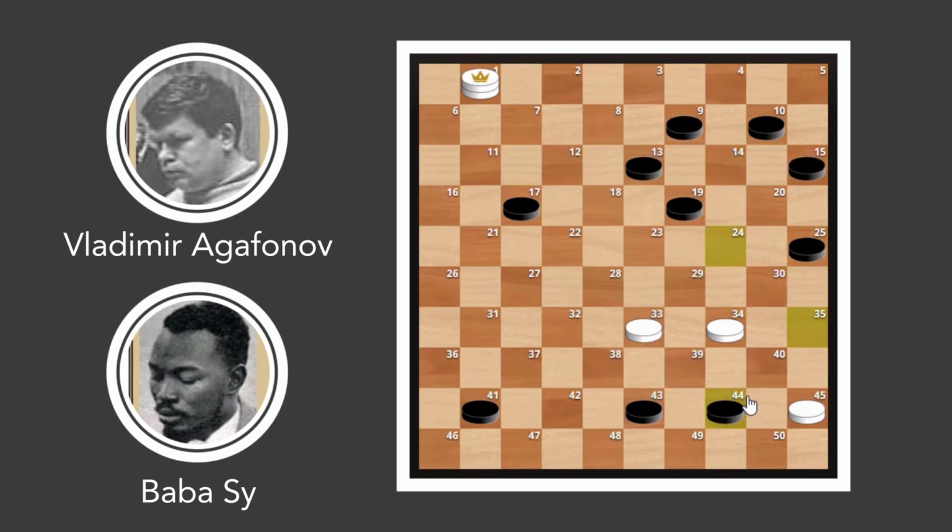Again, if you draw the square, you see that the position here is surrounded by 29, 19, 20. Babasai played 34-30 to transport the piece at 25 to square 34. And then he took the pieces and the game was won by Babasai.